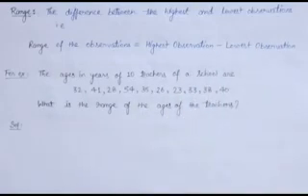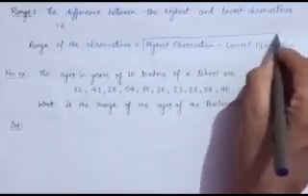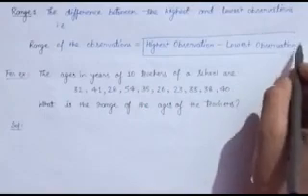It means if we have a given data, then first we have to find the observation having the highest value and the observation having the lowest value. So we can calculate the range by subtracting the lowest observation from the highest observation. So this is the formula for calculating the range of observations.